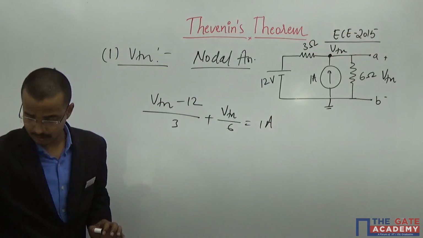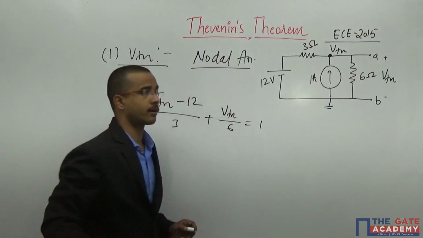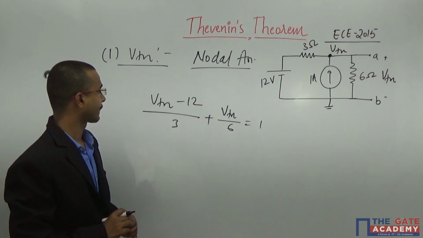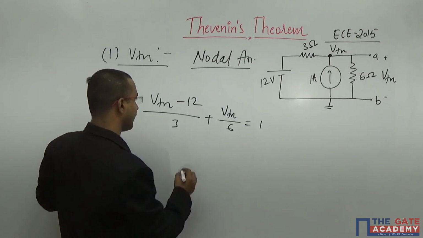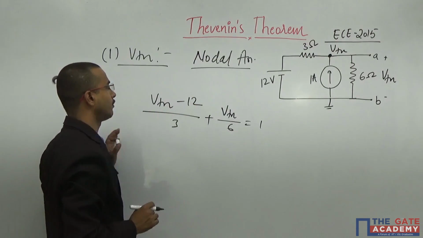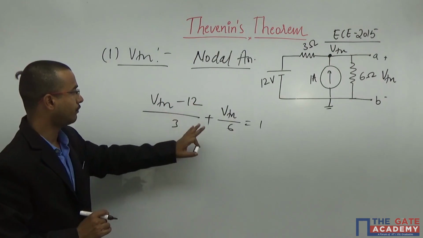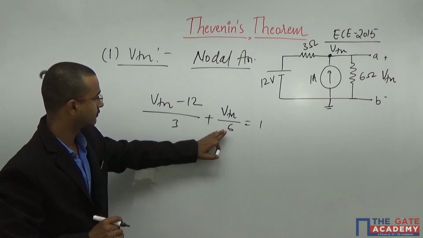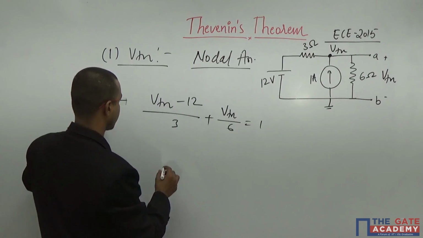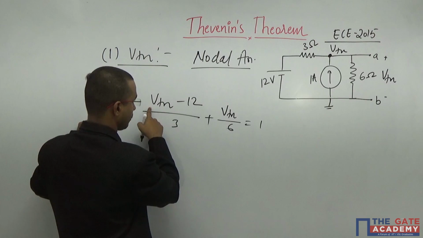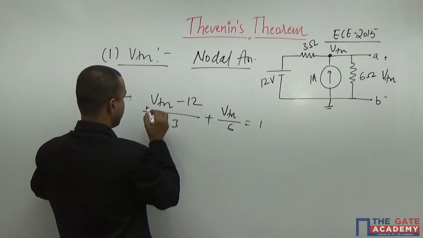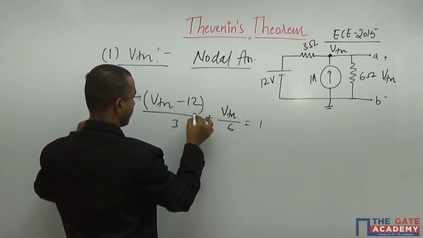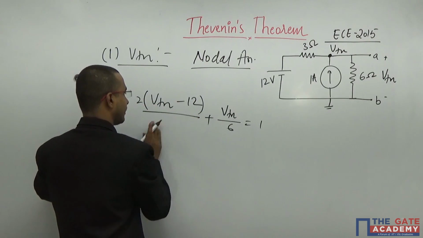I will not write the ampere here. Just calculate the value of VTH from here and you will get the value of VTH. I will multiply here by 2 and I will get here the 6.